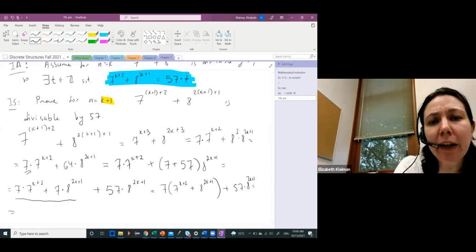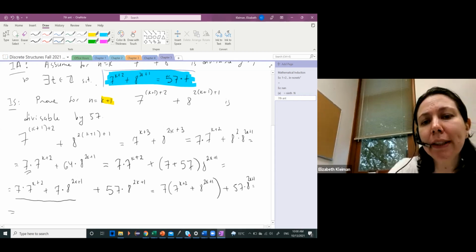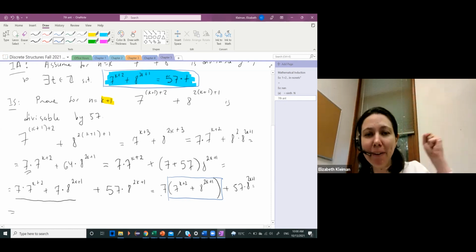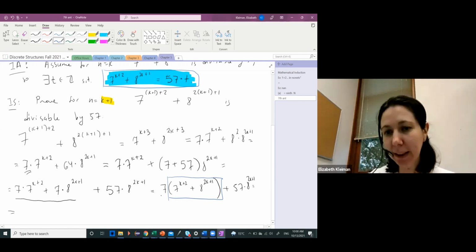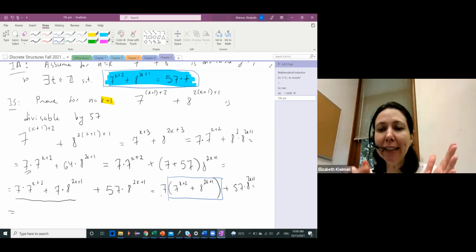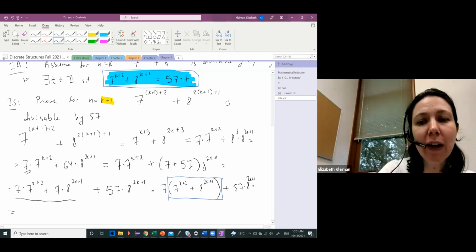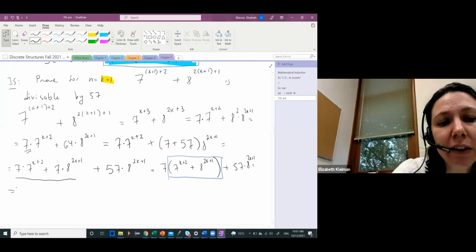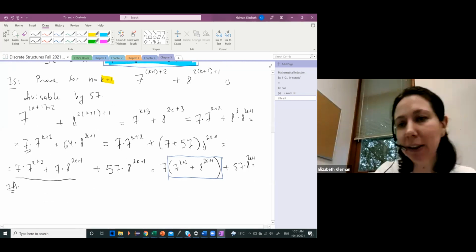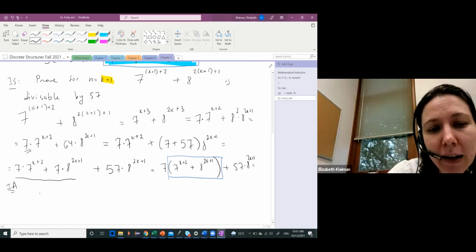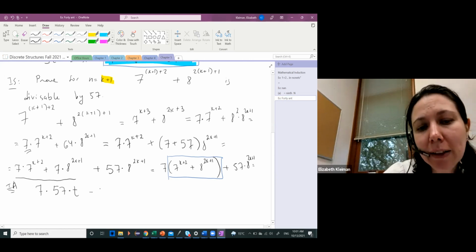And this is where I'm going to draw my blue boxes. Here is my blue box, correct? I finally got to the place I wanted. I finally have those two together with the addition, nothing in between. So I can replace it with 57t. Using the induction assumption, IA, this is what we use. I'm going to put it as 57 multiplied by 7t plus 57 multiplied by 8 to the power 2k plus 1.